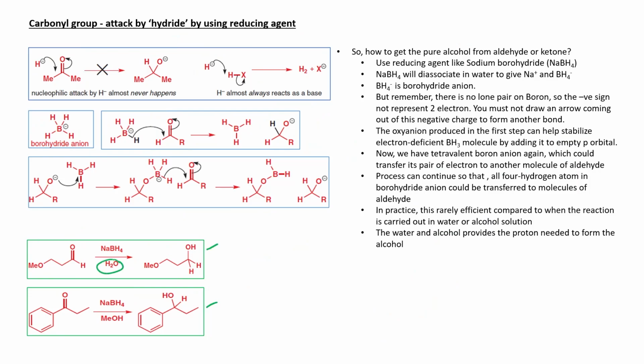So here we use the water. You can see you have carbon, you have H, and you have R, because this is aldehyde. So you have aldehyde, and then you use a reducing agent here. We know when you use a reducing agent, you add a bond. So let me put in the color here.